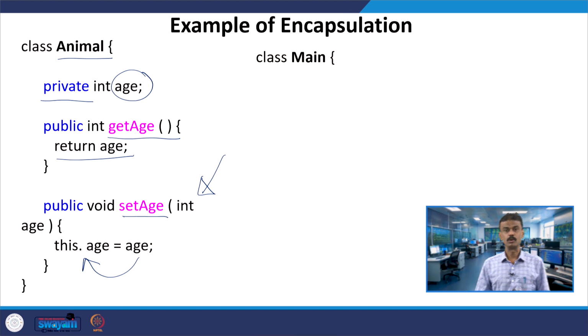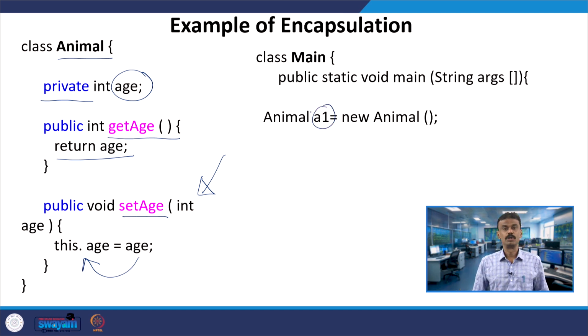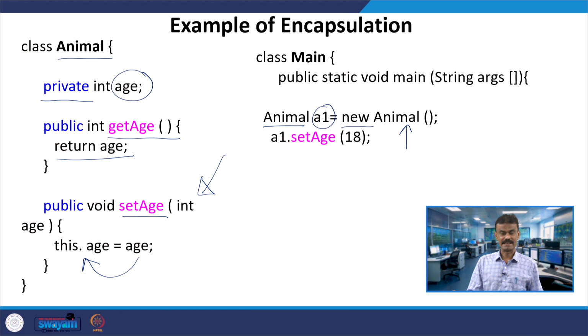Now let us go to the main class. In the main class you have the main method. In the main method you are creating an object A1 under the class animal, dynamically allocating memory with the constructor animal. Now this A1 object is invoking set age, and you are passing 18.